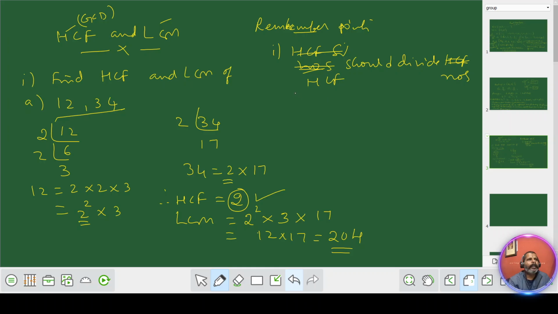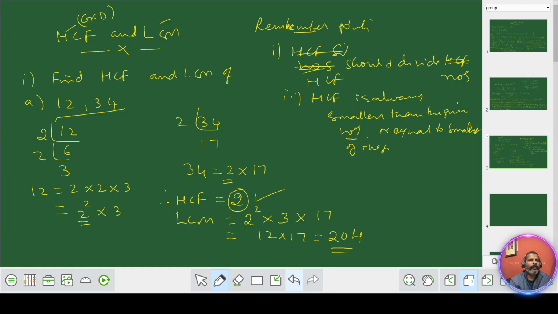The other point is HCF is always smaller than the given numbers, or equal to the smallest of the given.